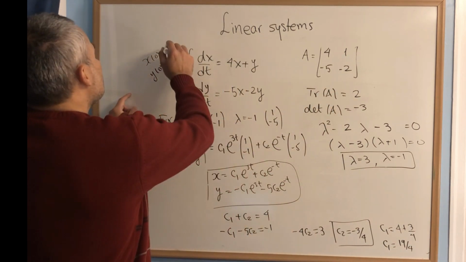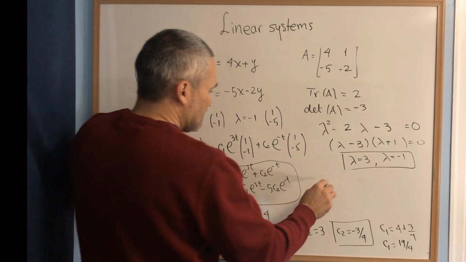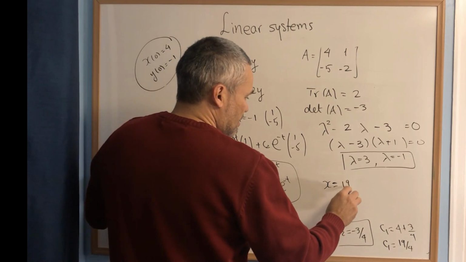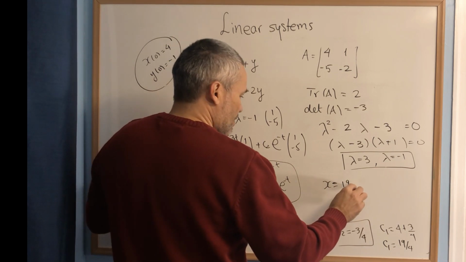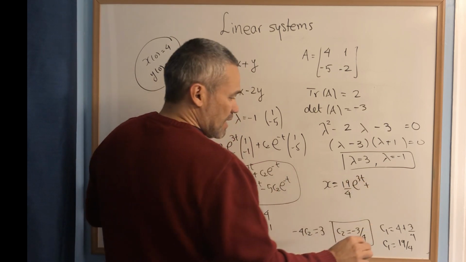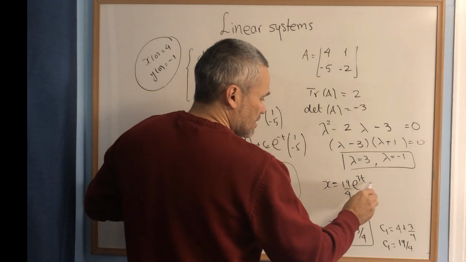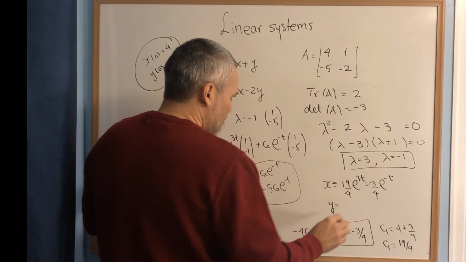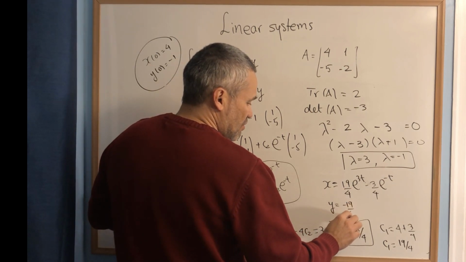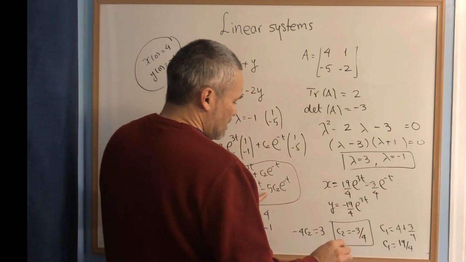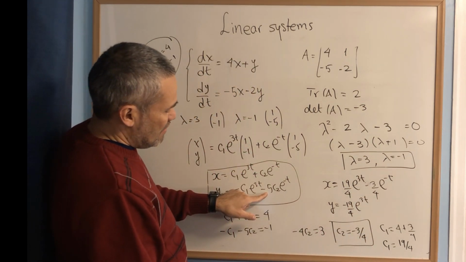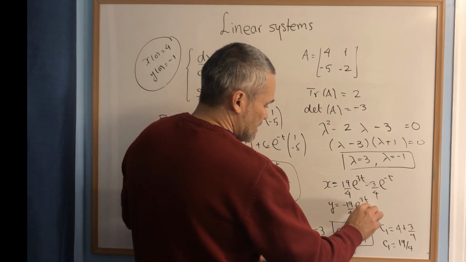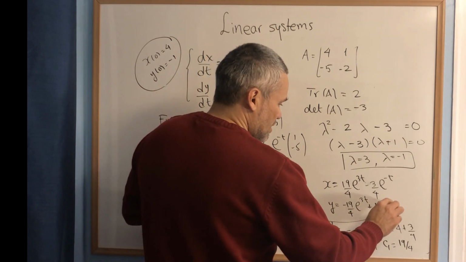That means that the solution of this initial value problem is x equals 19/4 e to the 3t plus c2, which is minus 3/4, e to the negative t, and the value for y would be minus 19/4 e to the 3t minus 5 times c2, 5 times 3 is 15, so it would be plus 15/4 e to the negative t.